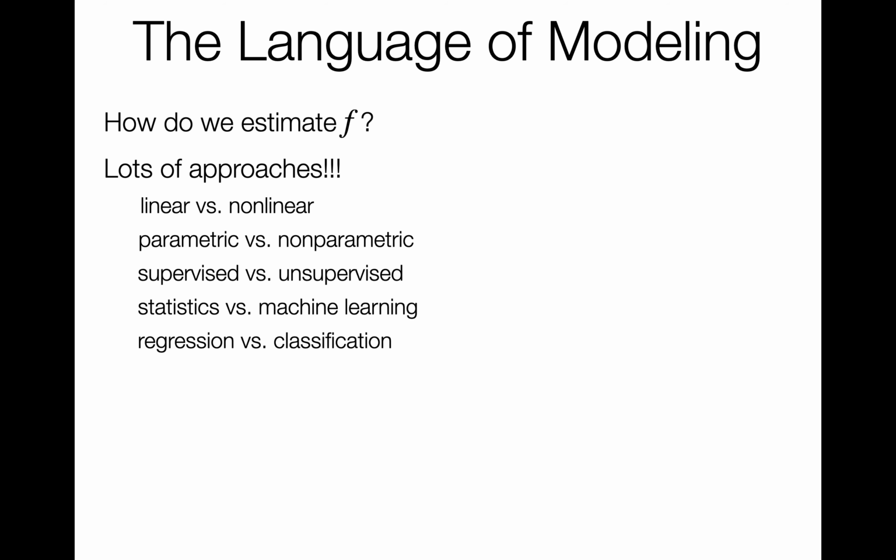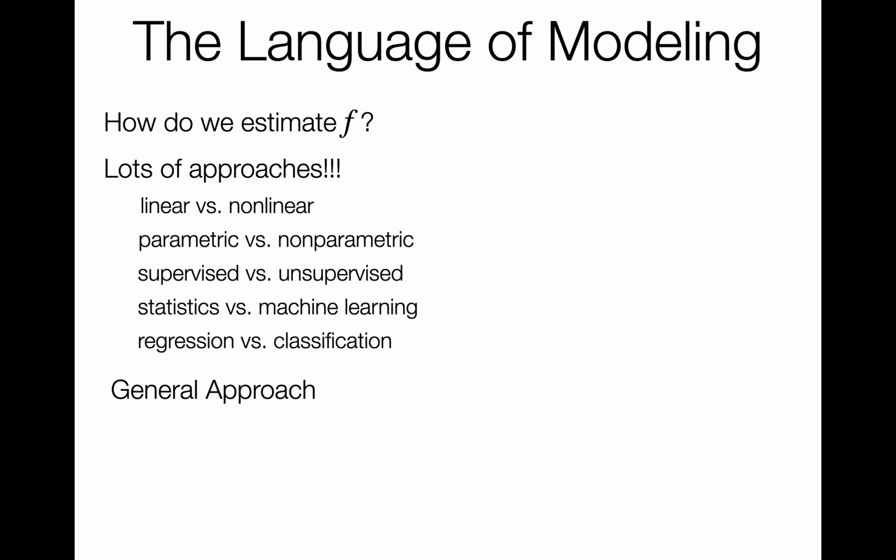And then we have a dichotomy of statistical methods versus machine learning methods. We'll talk about both in this course. I'm going to come towards everything in a statistical view. That's just who I am, but we'll also talk about the machine learning type stuff. And then there's also a dichotomy of regression versus classification. And you saw that dichotomy in my two examples.